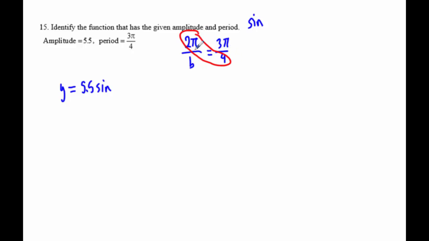So why is it 2 pi over b again? Because the period for sine is 2 pi over b. So we're going to cross multiply. 2 pi times 4 is 8 pi. 3 pi times b is 3 pi b. And I'm trying to solve for b, which means I need to divide both sides by 3 pi.